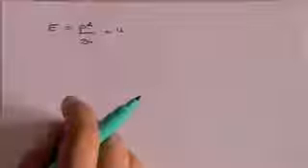But you will recall that E equals p squared over 2m plus U. And so, multiplying through by psi, we can say that E psi is p squared psi over 2m plus U psi.